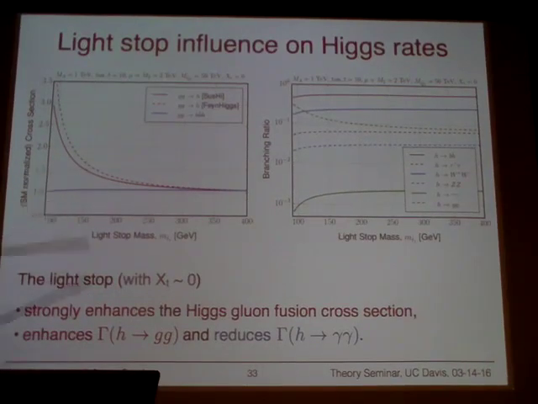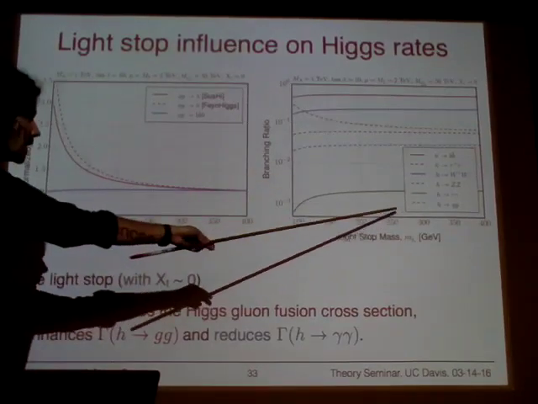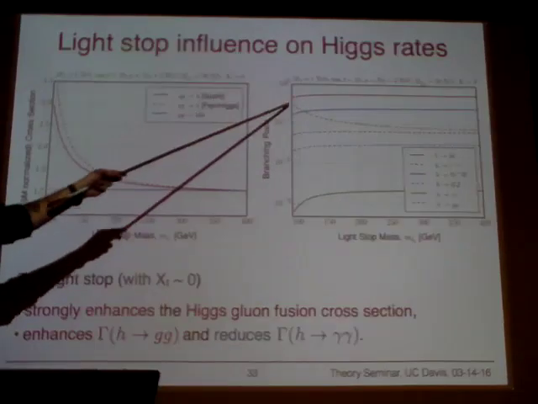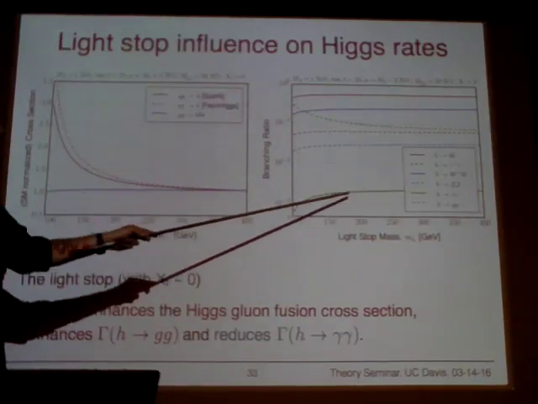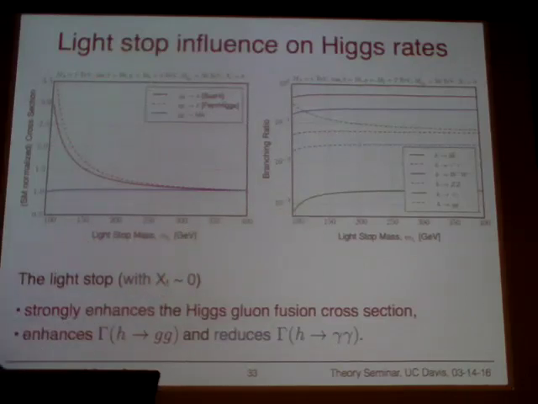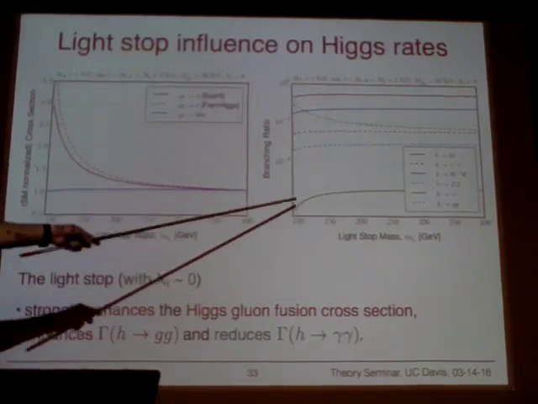So this looks like it's highly in conflict with the Higgs data. At the same time, by the way, you also get the same contributions to the Higgs to gluon decay, and it also affects directly the Higgs to gamma gamma mode, but there it gives a negative contribution, so this rate actually goes down.